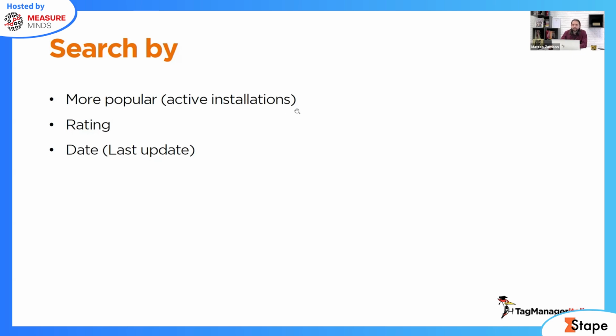Because for me, at the moment, the community gallery is really difficult to use to find the right tag or variable, because just the name is not enough.